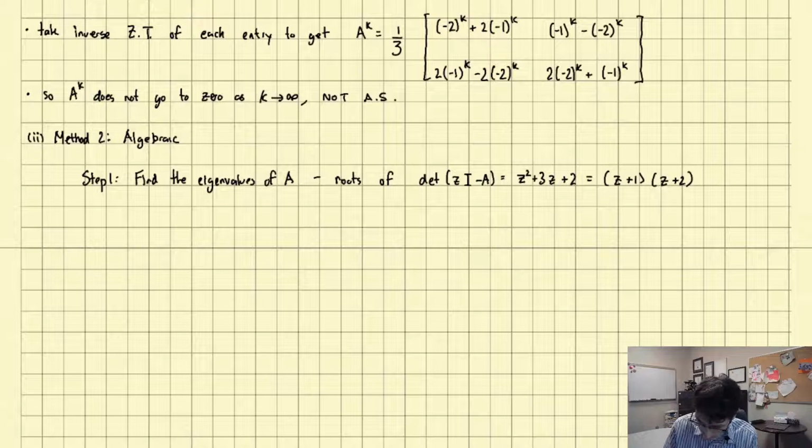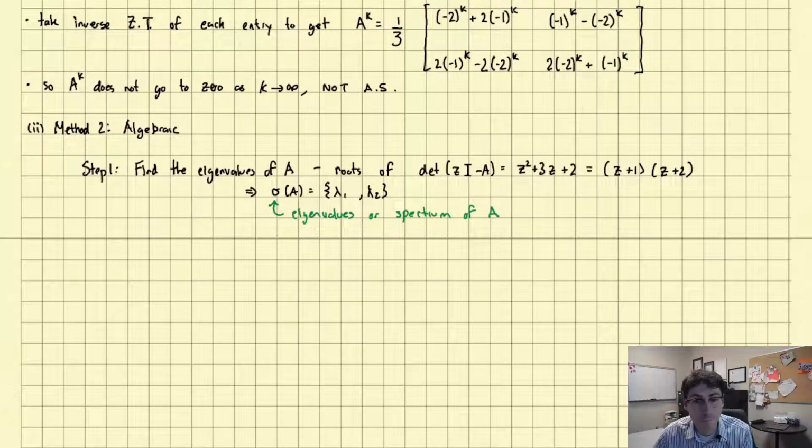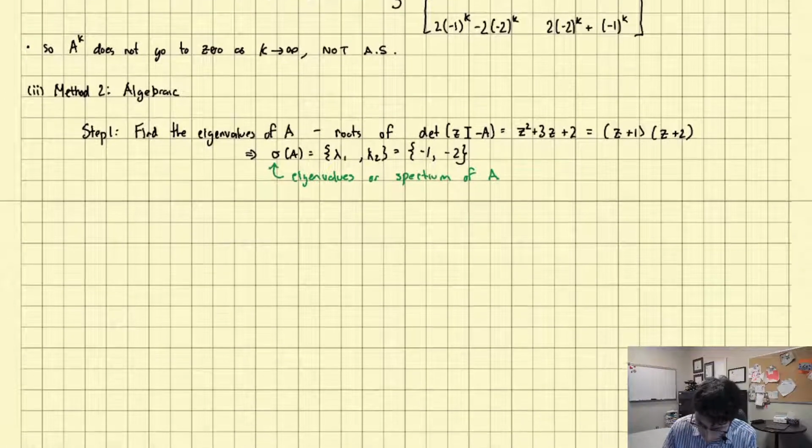So in this case, the eigenvalues are, okay, and I'm going to use this symbol for the eigenvalues of A, or spectrum of A. In this case, lambda 1, lambda 2, and they are equal to negative 1, negative 2. Okay, so we find the eigenvalues. Step 2, find the eigenvectors.